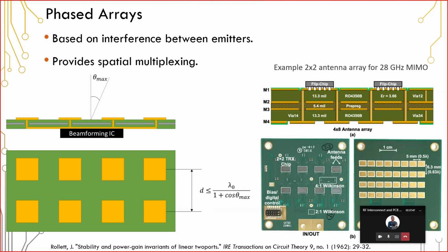So phased arrays also work as directionally sensing receiving elements. If a wave comes in from a specific direction, it will excite a signal in these receiving antennas with a different phase in each antenna. So there will be a phase difference, and that phase difference can be detected in this beamforming IC.